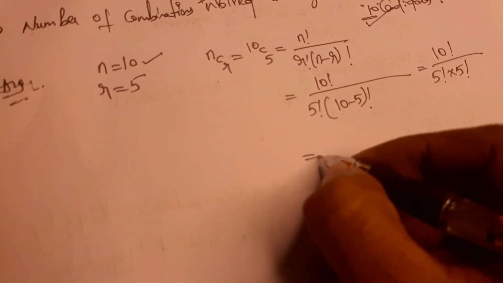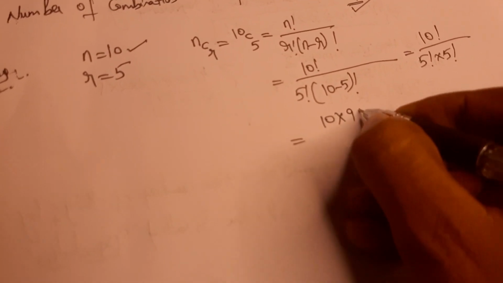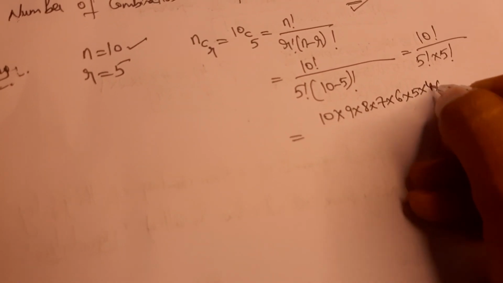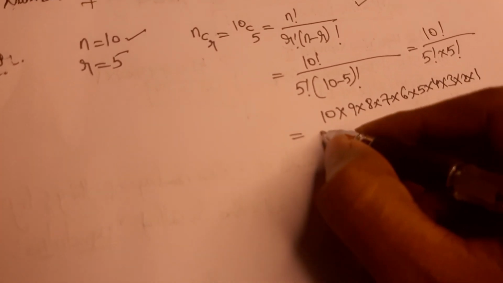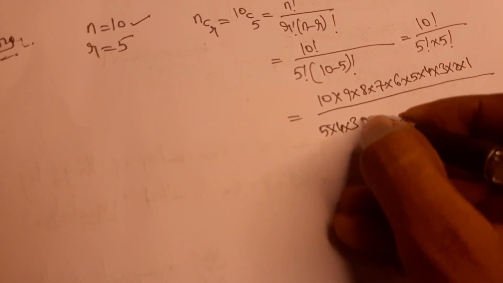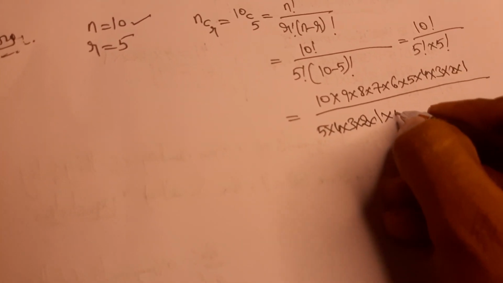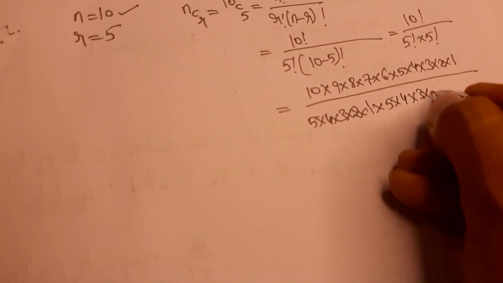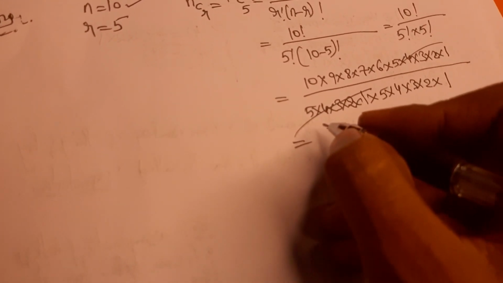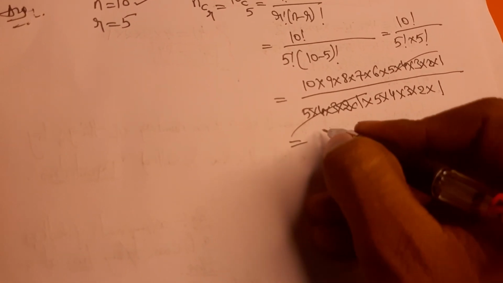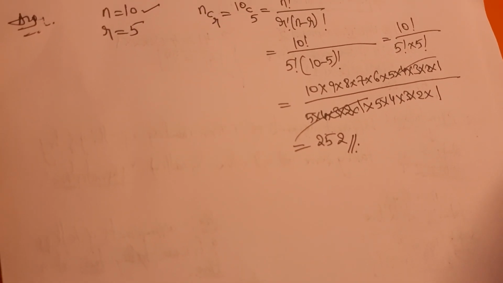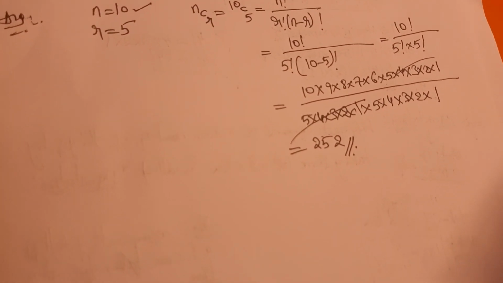We can write this as 10 cross 9, 8, 7, 6, 5, 4, 3, 2, 1 divided by 5 cross 4 cross 3 cross 2 cross 1 into 5, 4, 3, 2, 1. Cancelling, we get the answer 252. This will be our answer. In this way we can solve combination problems.